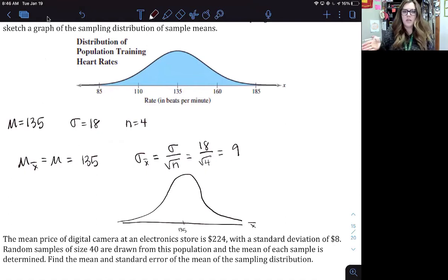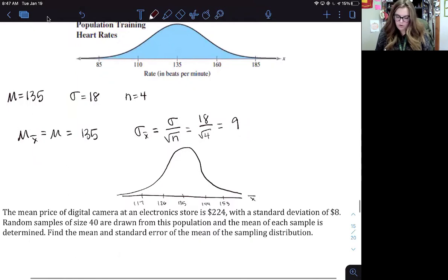And then we go to the left and to the right with our new standard deviation. So this is going to go to 144, 153, and then going the other direction, we get to 126, and then 117. So it's just kind of rearranging your sample means.